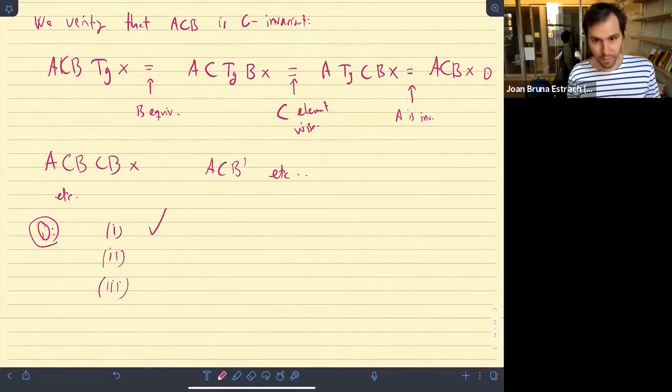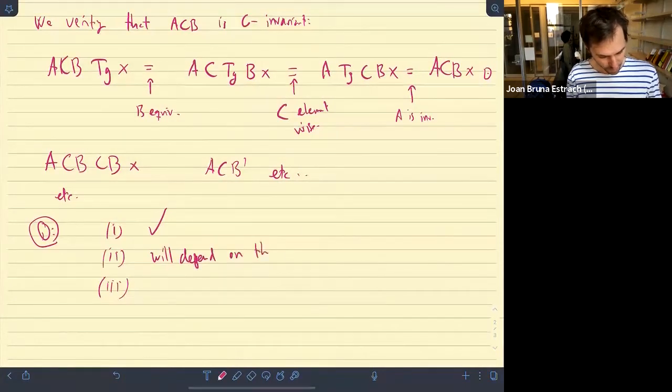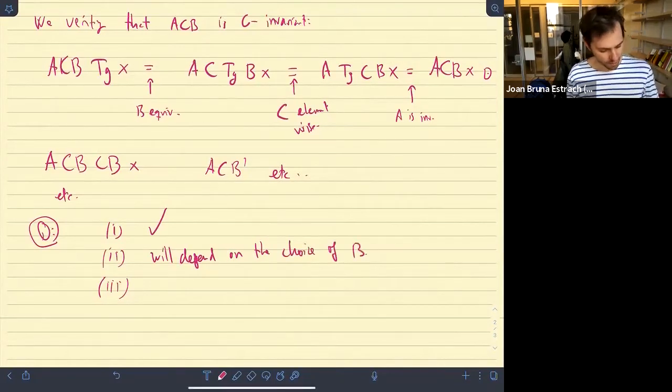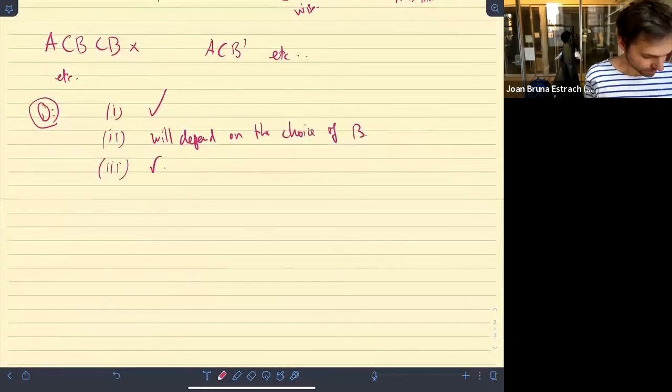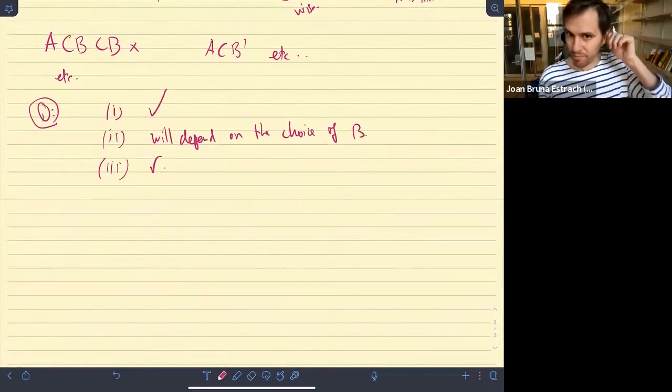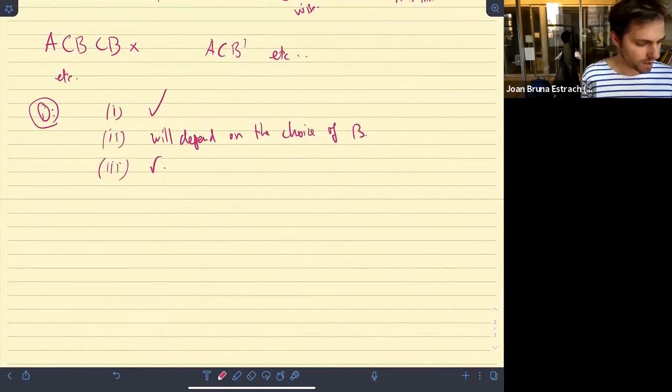And it turns out that the stability will depend on the choice of the architecture. So any questions? Otherwise, we're going to go a little bit more into the detail.